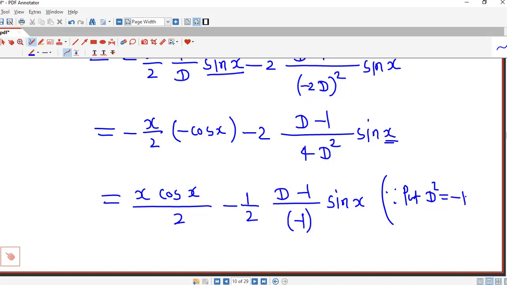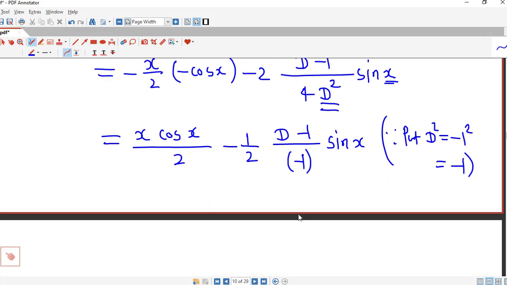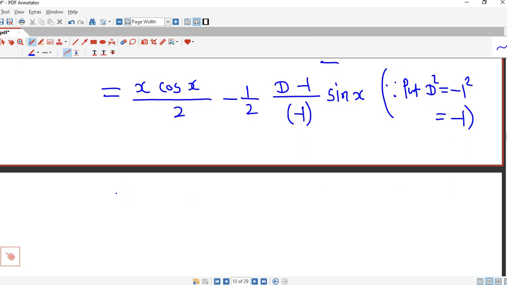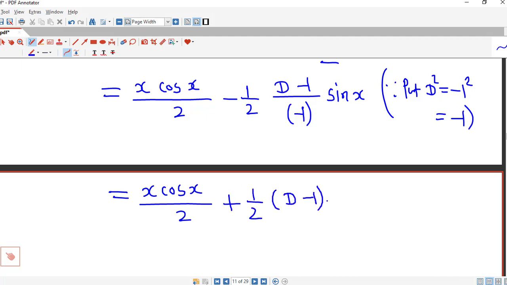So we have minus 1 squared, that is minus 1. So we replace this D squared by minus 1. Now again we simplify. This is as it is, x into cos x over 2. Here negative negative positive, 1 by 2, and D minus 1 will be applied to sin x.